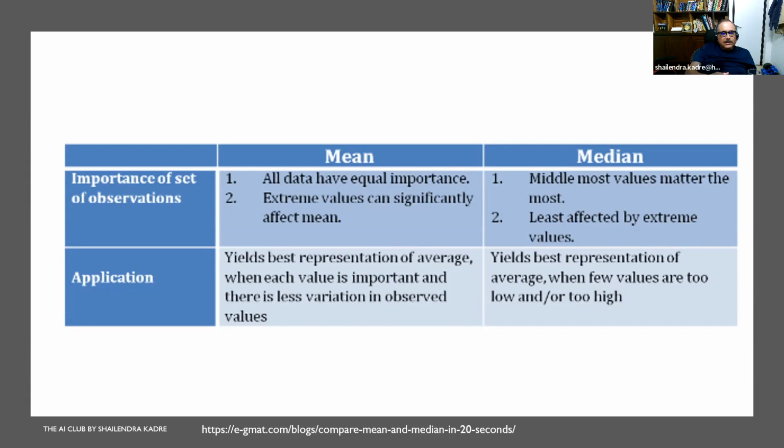That's why I told you at the start of the lecture itself, if somebody comes to you with a mean, you should always ask for the maximum and minimum value and the standard deviation. Without that, don't accept the mean. Mean doesn't have any meaning if you don't have maximum, minimum, or standard deviation.